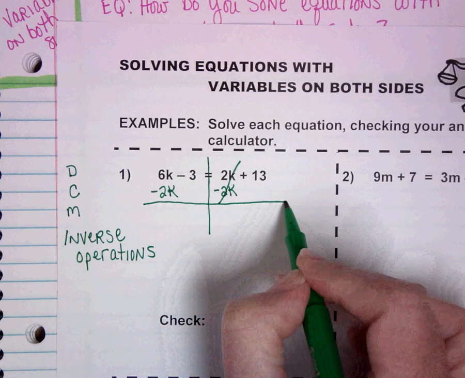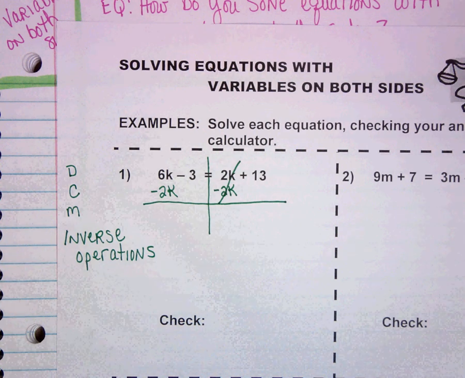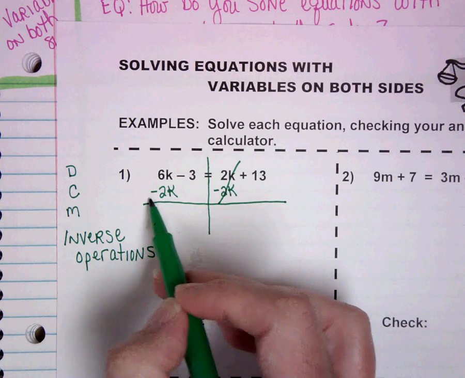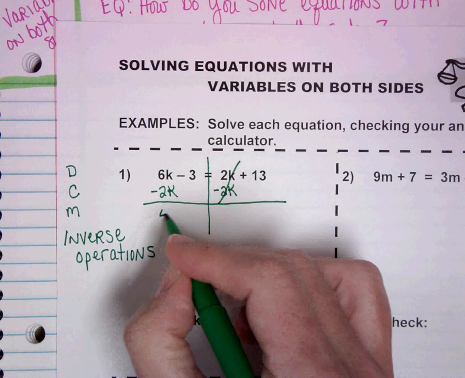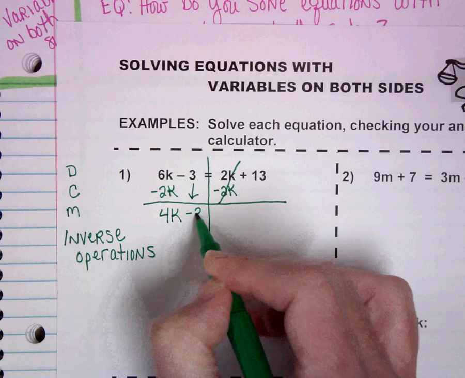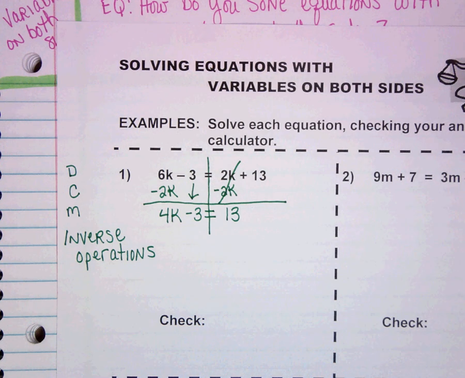Now, a lot of these lines I'm drawing, if you don't feel like you're someone who needs to do that, you don't have to, but it's just a good way to keep your equation organized. So now we have 6K minus 2K, which is 4K. I'm going to bring the minus 3 down, equals 13. Okay, so we moved our variables to the same side.